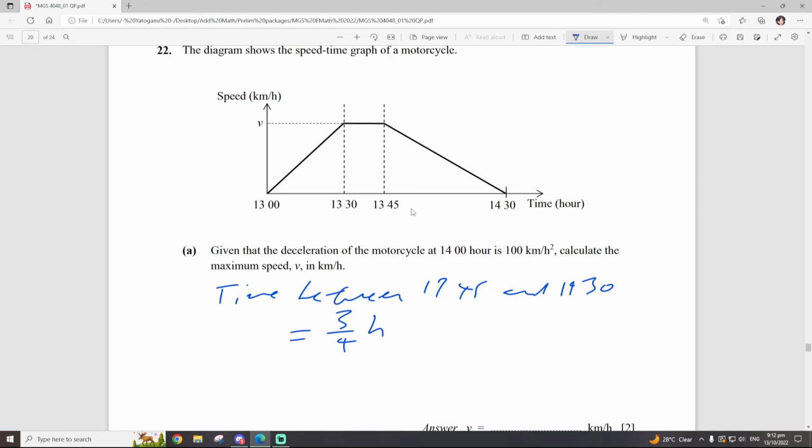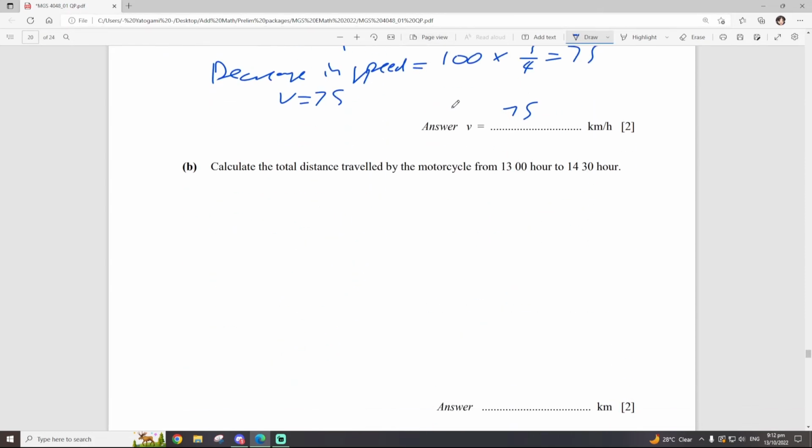So decrease in speed will be actually 100 times 3/4, which is 75. And in fact, that means V is also 75, right? Because it's the highest point. From 1330 to 1345 was a constant. So 75. Calculate the total distance traveled.